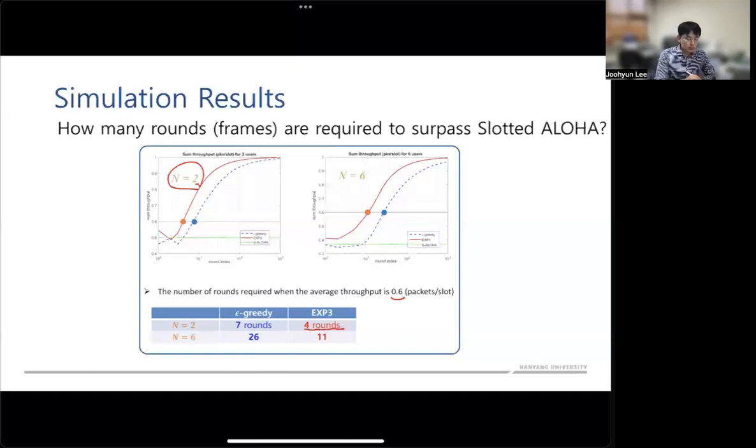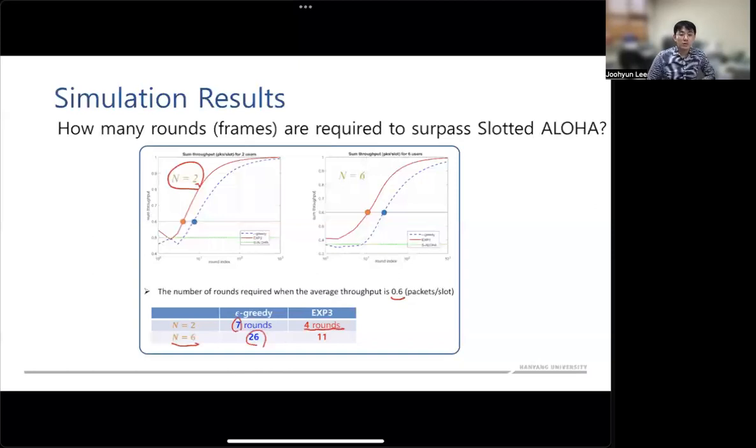And even when the number of users is increased to 6, the number of rounds required to beat 0.6 throughput is only 11 for EXP3. It's higher in epsilon greedy, which were 7 and 26.